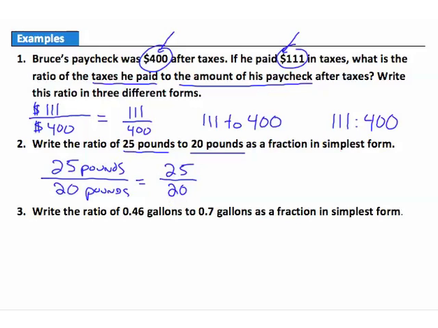Now I need to simplify this ratio, and we simplify the ratio the same way that we simplify a fraction. So I'm going to factor both the numerator and denominator. 25, I'm thinking 5 times 5. 20, I'm thinking 4 times 5. And it looks like we have a common factor of 5 that's going to divide out. Our final simplified form of this ratio is going to be 5 over 4.